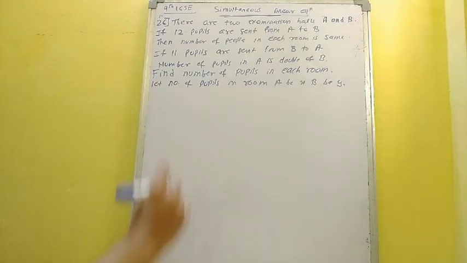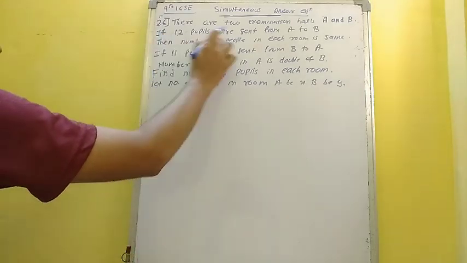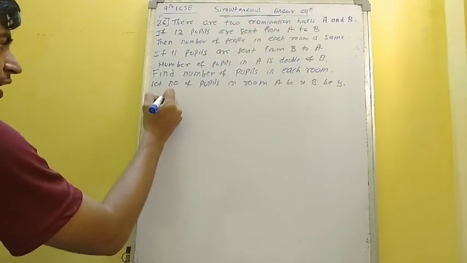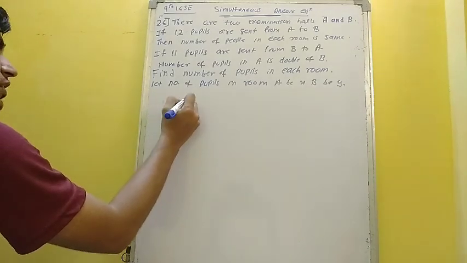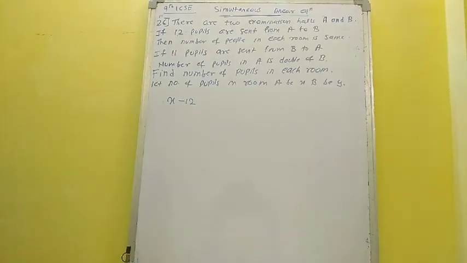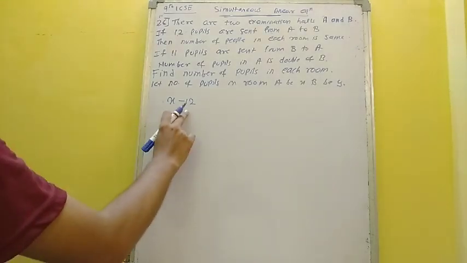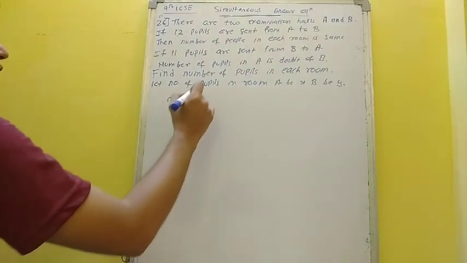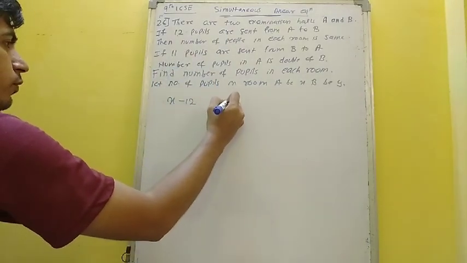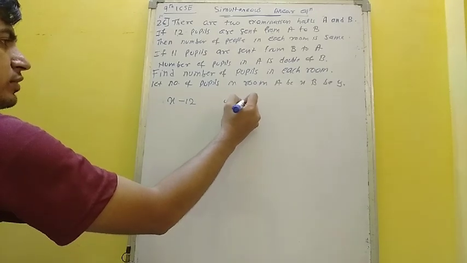In the first condition, if 12 people are sent from A to B, then from X, 12 are getting subtracted, and these people are going to room B, so we have Y plus 12.